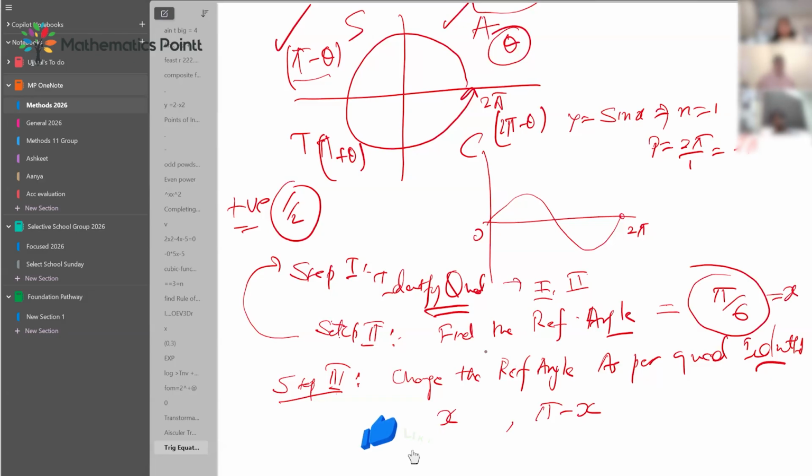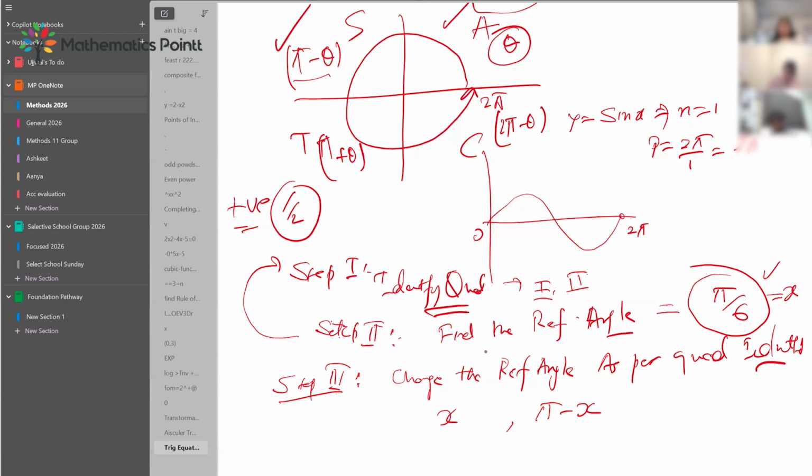So in step 3, you convert the reference angle that you found as per the quadrants that you have identified. Though the reference angle is always the first quadrant, by chance the quadrant identified is also the first quadrant.